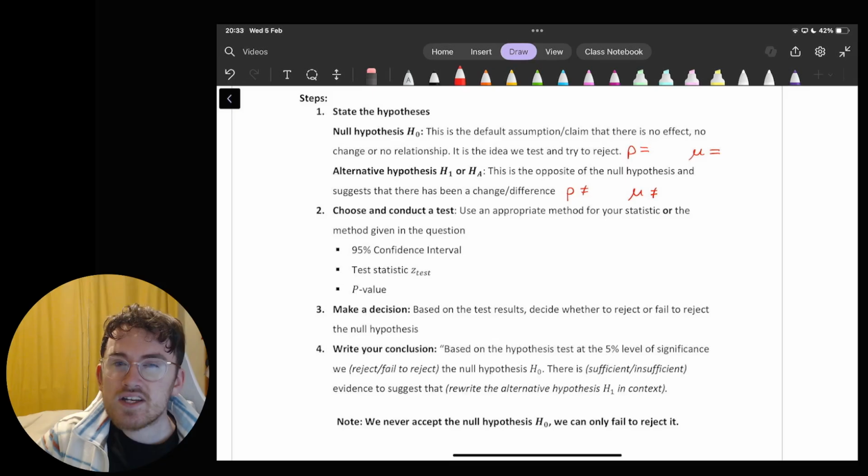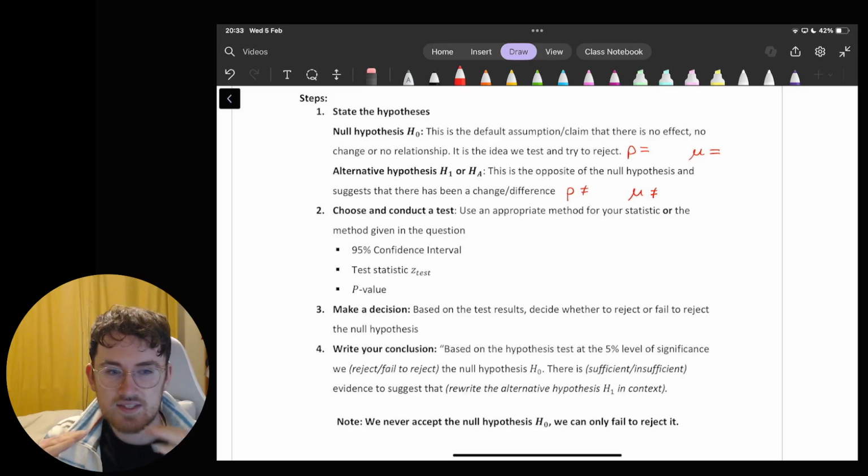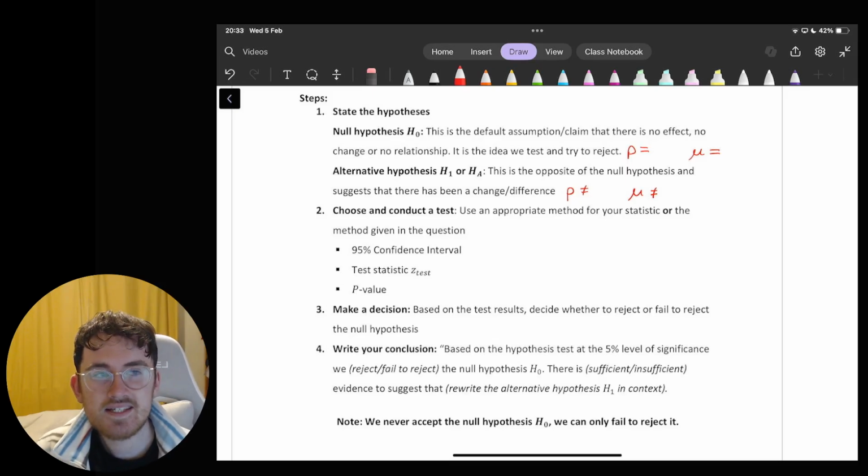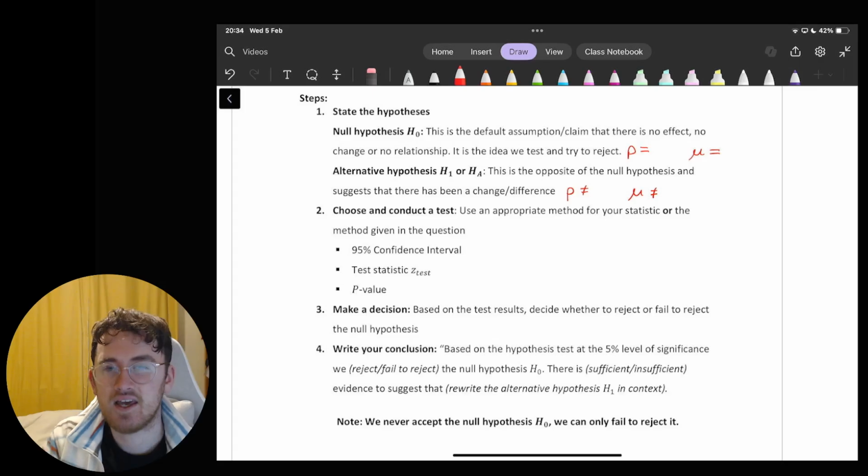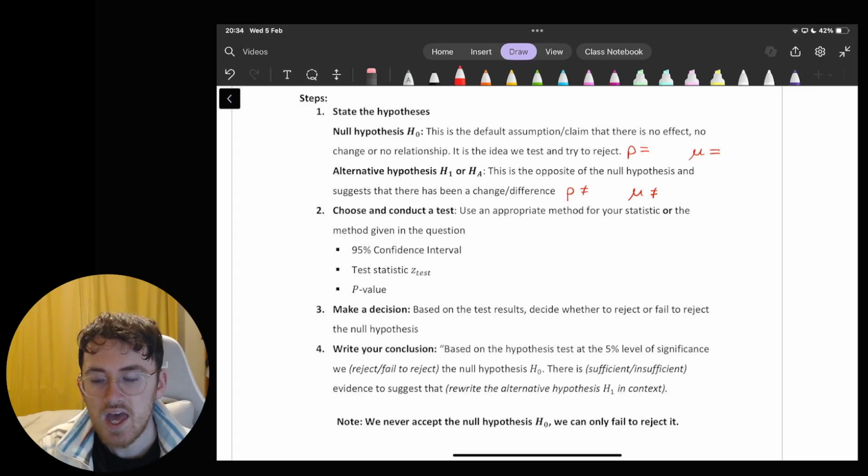What we're trying to do here, in simple terms, is we're testing this null hypothesis. We're testing whether, if this null hypothesis is true, does everything else fit in as well? Does everything else seem reasonable and likely under that assumption? Because we're testing that, we have to have a value.